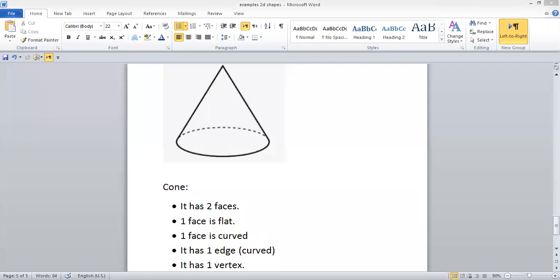Is there any problem in cone, cylinder, or cube and cuboid? Yes, is there any problem? No, easy.